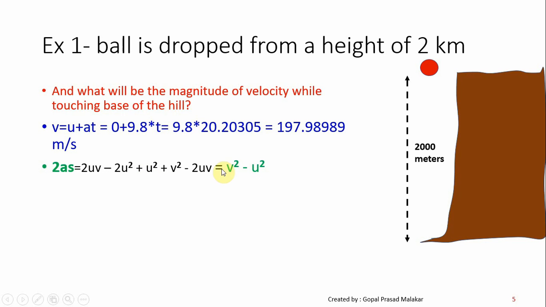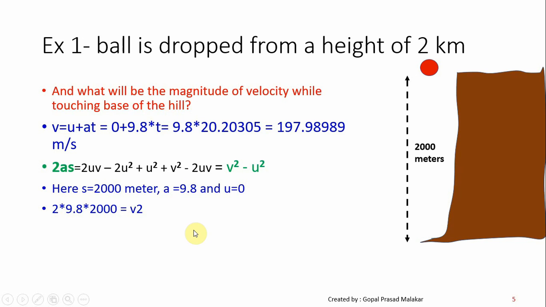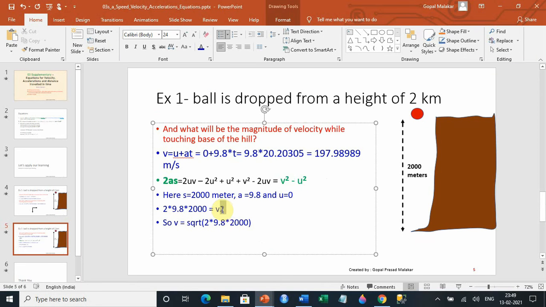So v square minus u square equal to 2as. U for sure is 0, you just dropped it. A is 9.8, s is 2 kilometers, so it will look like this: 2 into 9.8 into 2000 equal to v square. Essentially this is v square here. I just forgot to put it, so let me put v square here so that you never get confused.